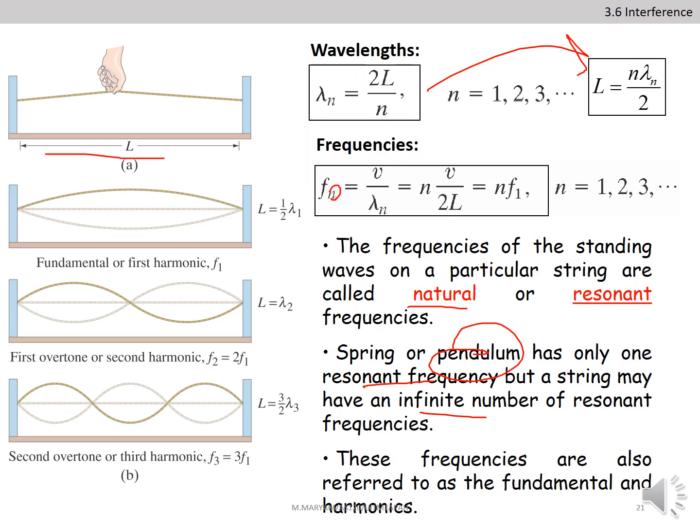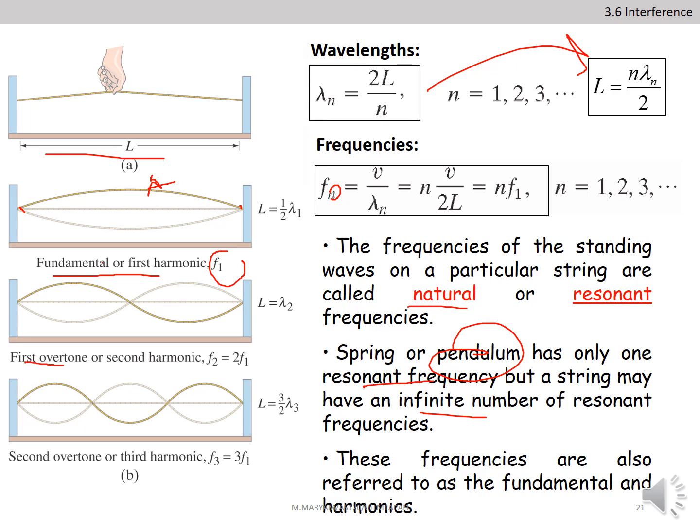This is the length in figure A. Then after the string starts to vibrate, it will produce nodes and antinodes here and a node here. This we call the fundamental or first harmonic, labeled as F1. And again, it will vibrate and produce two waves.